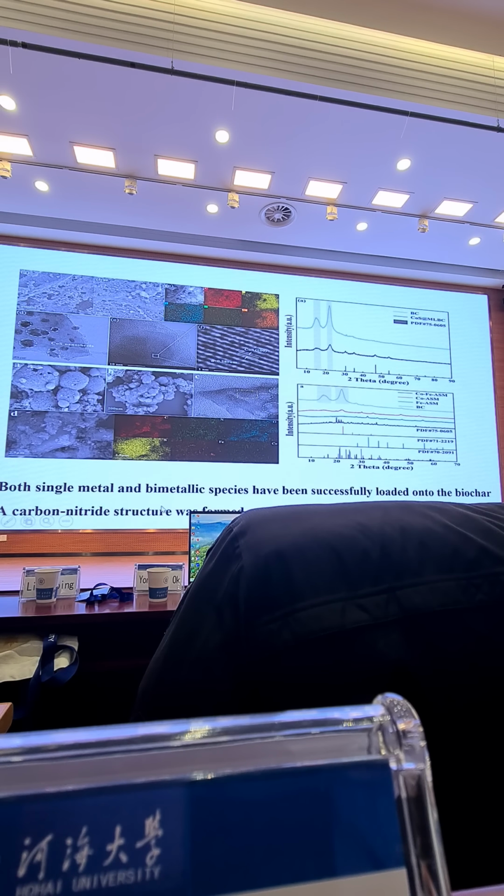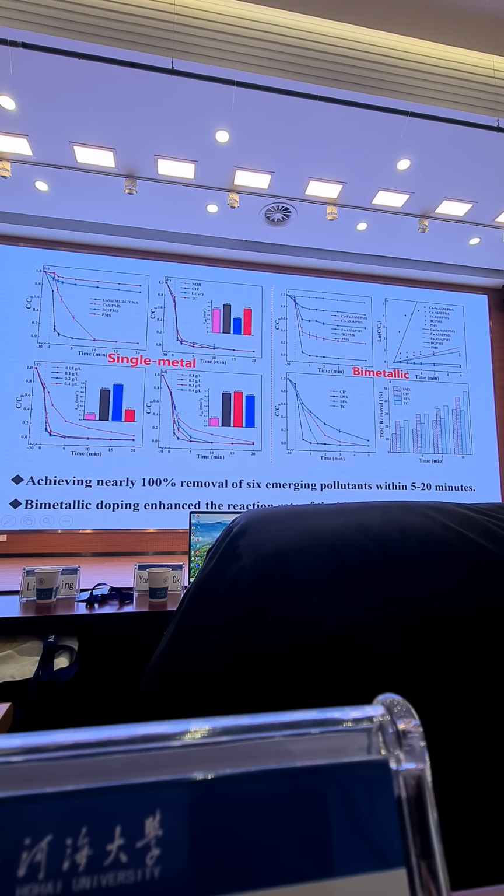Both single metal and bimetallic species have been successfully loaded onto the biochar, and the carbon nitrate structure is formed on the biochar catalyst. You can see that for the single metal and bimetallic. So we can achieve about 100% removal of 6 emerging pollutants within 5 to 20 minutes.